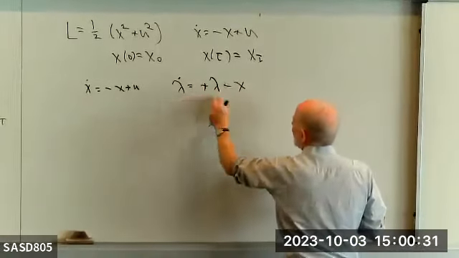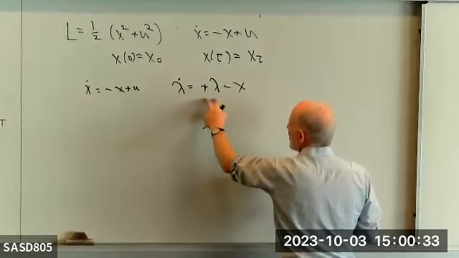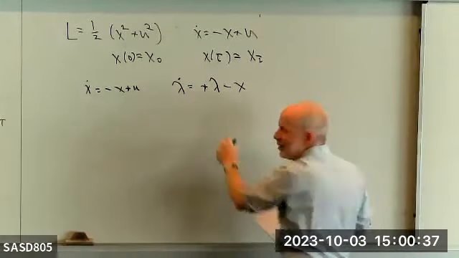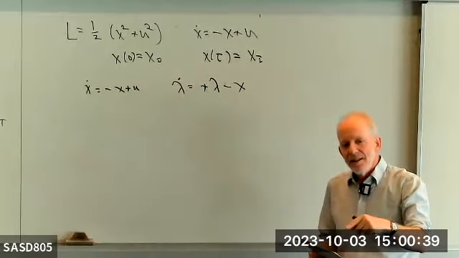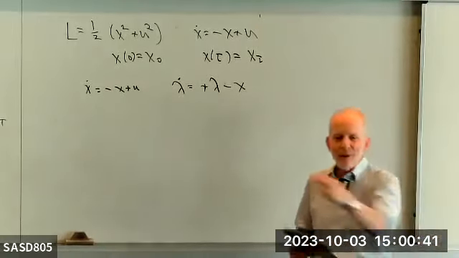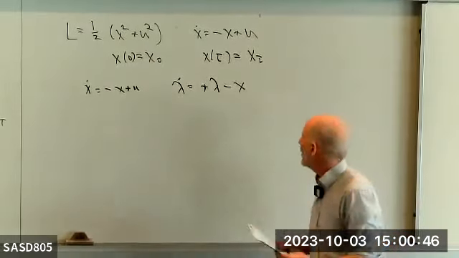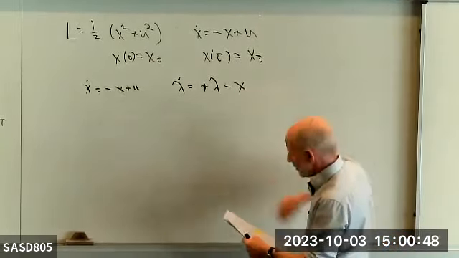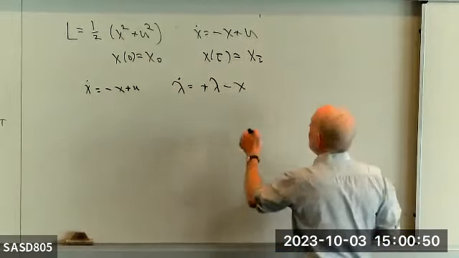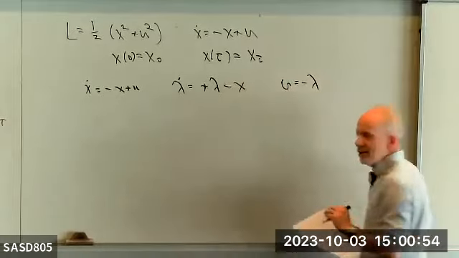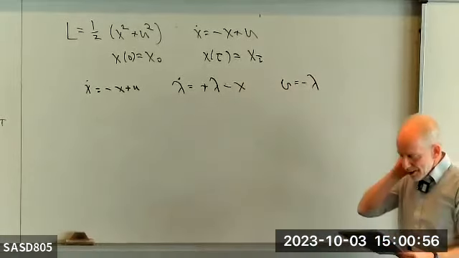Notice that lambda dot equals lambda has a solution of e to the t. It's unstable if you're going forward in time, but remember it's stable if you're going backwards in time. Okay, and then it's driven by this x term here. And then this third relation turns out to just be u equals minus lambda. Okay, so they're fairly trivially related.